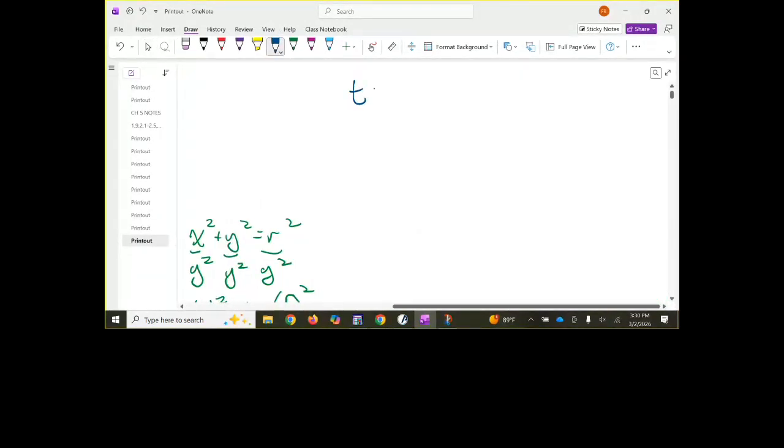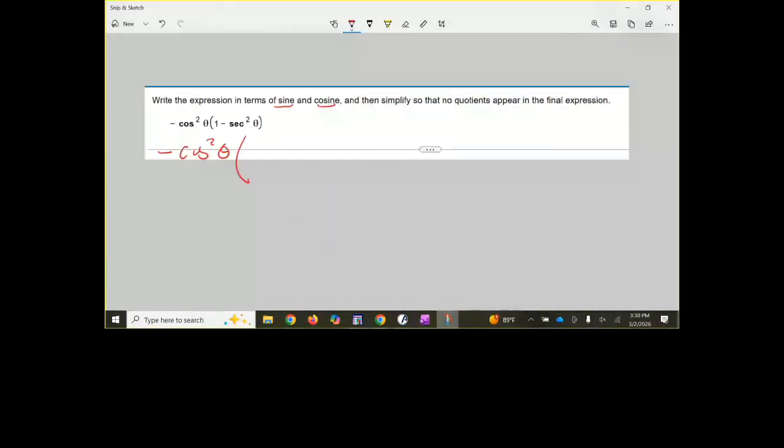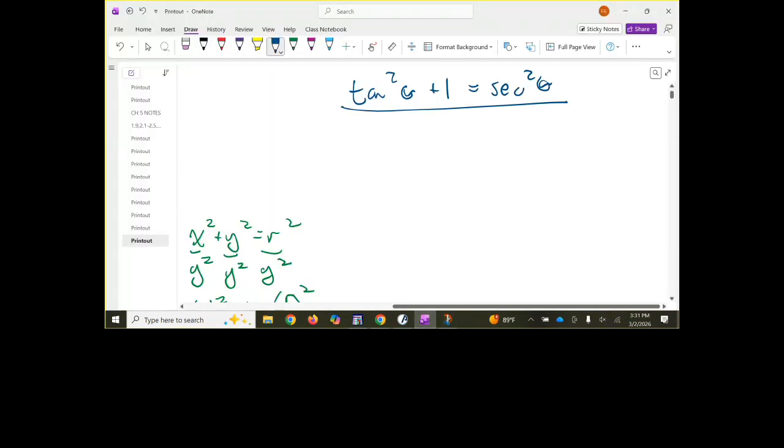The identity that we have is tangent squared theta plus 1 equals secant squared theta. The reason I'm thinking about this is because I see a 1 minus secant squared. Isn't tangent squared theta the same thing as secant squared theta minus 1?